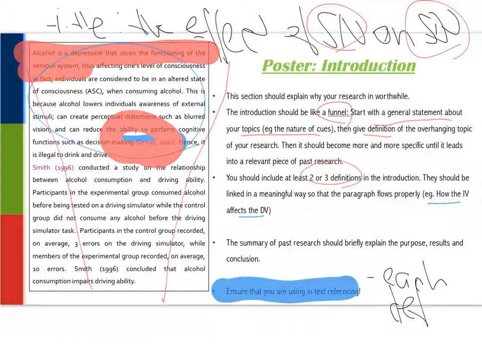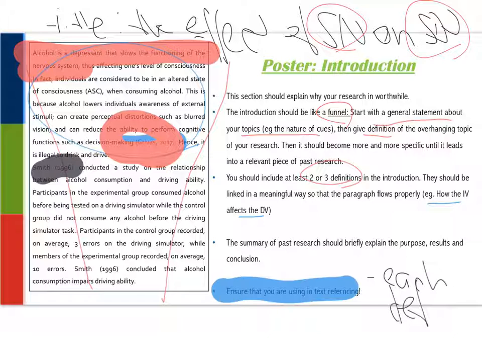So let's go down to that second part. Now that second part is just a summary of your past research. Now, of course, this is also highlighted because you need to indicate where you got the information from. So you need to make sure that you're using the name of the researcher and the year that they published their research. Now that will be in the document that I've given you for that past research that we've used over and over again. Now, with the summary of the past research, it needs to be brief, okay?